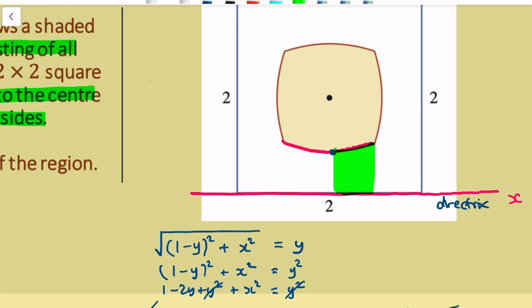Now I could find the equation of that side parabola, or I could just realize that the line I've just drawn here, the diagonal, has a slope of minus 1, and it goes through this point here, which is (1, 0).